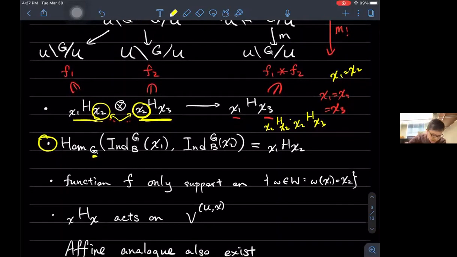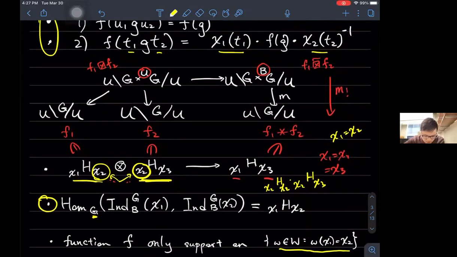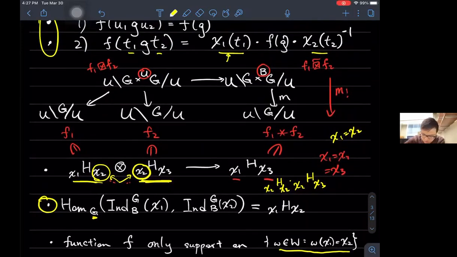And notice that not every double coset could support functions, because there are left monodromy and right monodromy, and they have to have some compatibility.